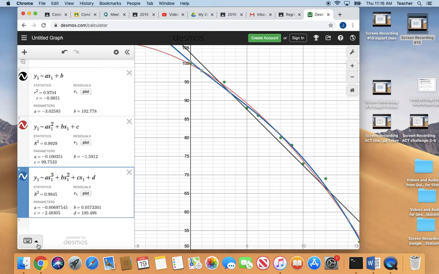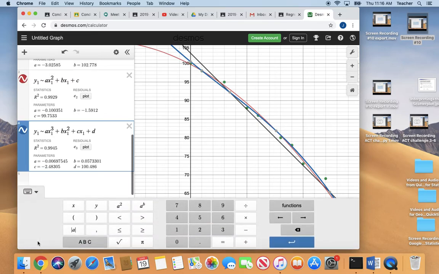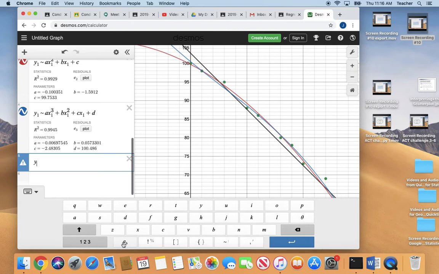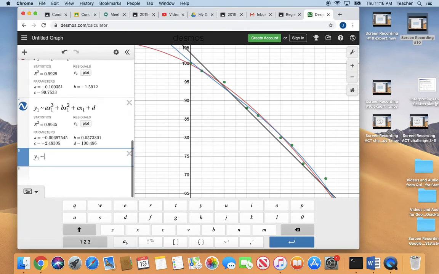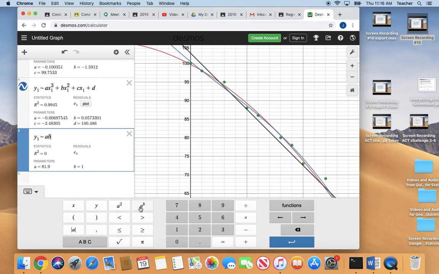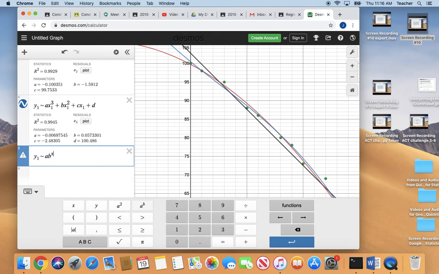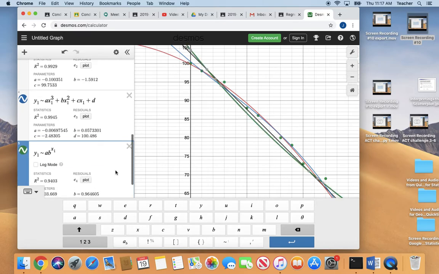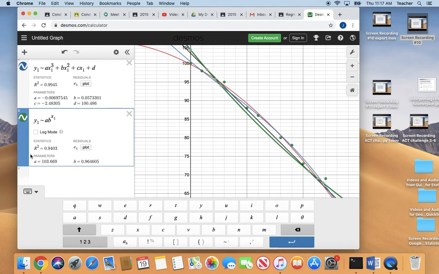Finally, it said try exponential. If you remember, my exponential was y1 is approximately a times b raised to the x power. Whenever you do it in your calculator, you have to do this sub 1 because your table has y1 and x1. It says R squared is 0.94.